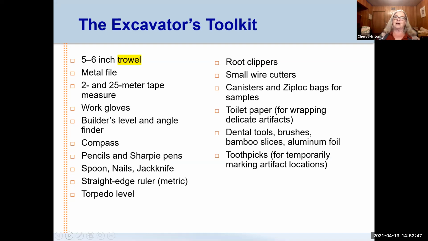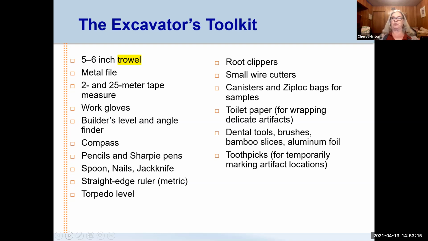All right, so here is what you'll see in some excavators' toolkits. Everybody's is different. And as I said last time, I went to the module and opened up chapter 3, the page that shows my excavation kit, my dig kit. So have a look at that in chapter 3 if you haven't already seen it, and see what I carry with me.